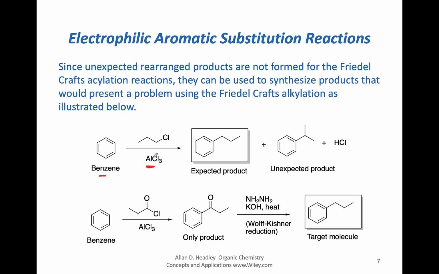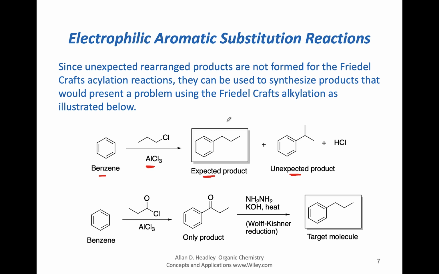The problem is that since a carbocation is the intermediate, we have the possibility of rearrangement, so there are two possible products. This is the expected product, and this is the unexpected product, which I'm pretty sure will be the major product because it's coming from the more stable carbocation, the secondary, compared to the primary.